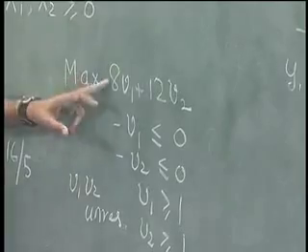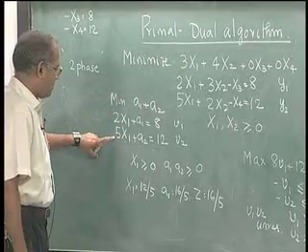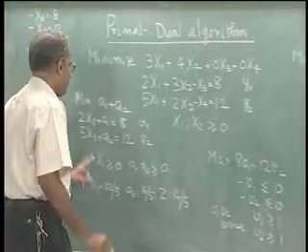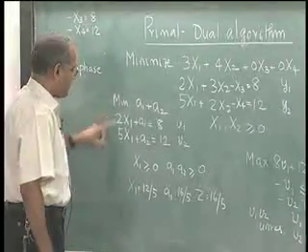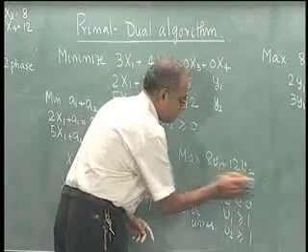here, 8 V1 plus 12 V2. This one is 2 V1 plus 5 V2. This constraint is 2 V1 plus 5 V2 is less than or equal to 0.